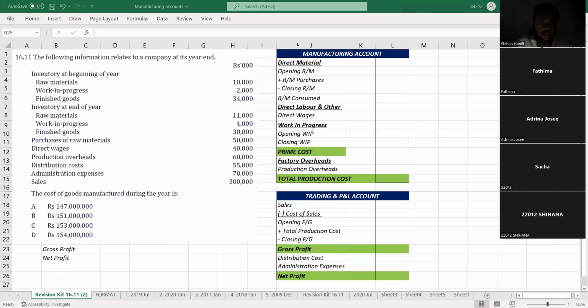Total production cost is how much? The cost of goods manufactured means the total production cost, yes. Right.